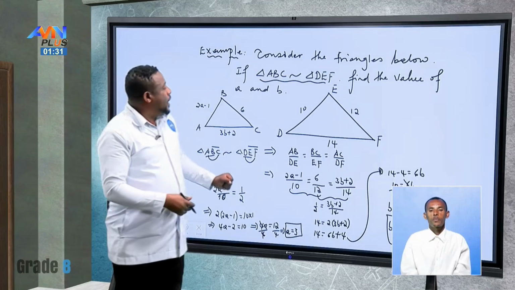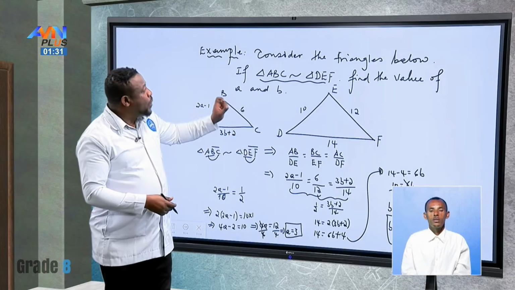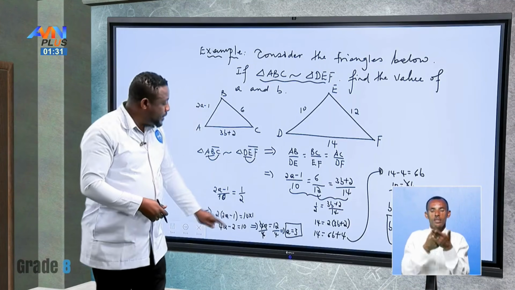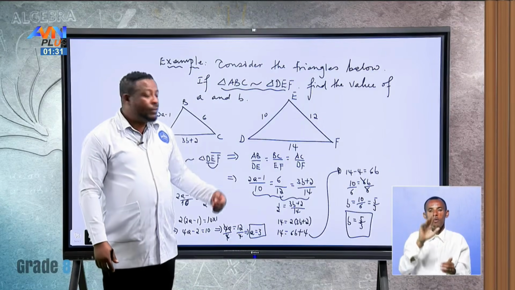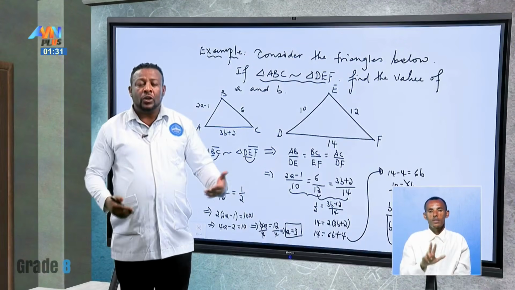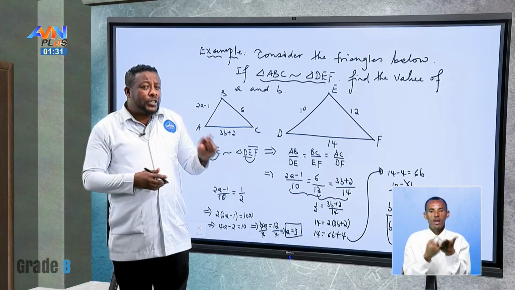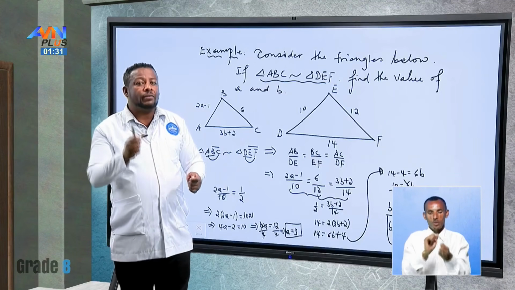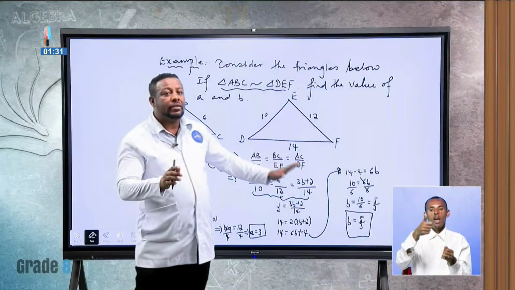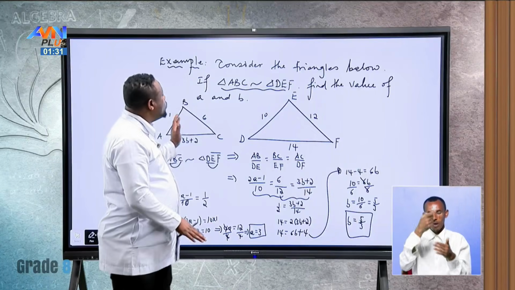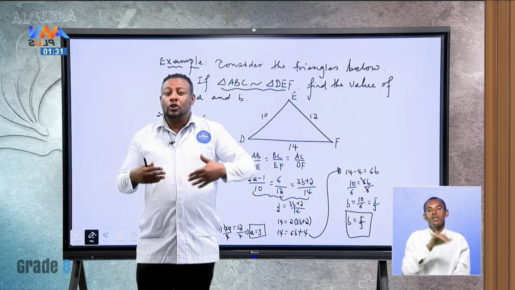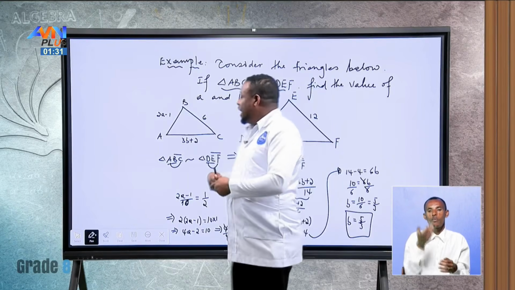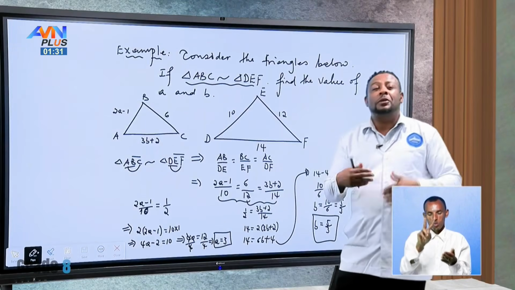So the required answer in this example is a is equal to 3 and b is equal to 5 over 3. Look, here, if you substitute any other a value or any other b value, these two triangles cannot be similar, right? The ratio of the two triangles will not be proportional.